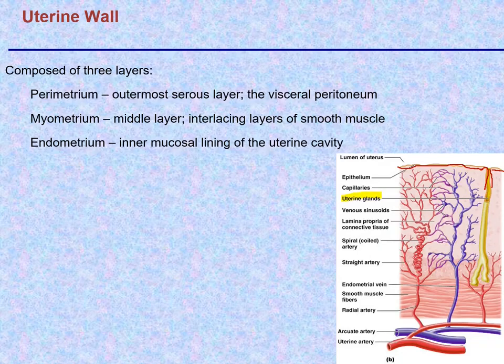Okay, in the wall, the innermost layer is called the endometrium, and then further beneath that is the myometrium. So you have a thick layer of smooth muscle, and that forms the vast majority of the wall of the uterus.